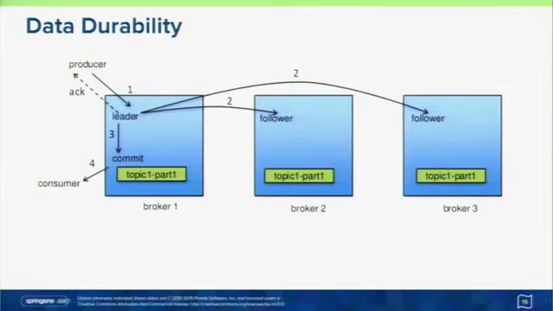Then what broker 2 and broker 3 are doing is they're actually consuming the data from the leader, from broker 1. So it's reading the data as fast as it can, taking the message off. Broker 2 and broker 3, pretty much simultaneously, are now reading that message that came in, and they're also committing to their local brokers that it has this message. And when they do that, each of them is incrementing its offset.